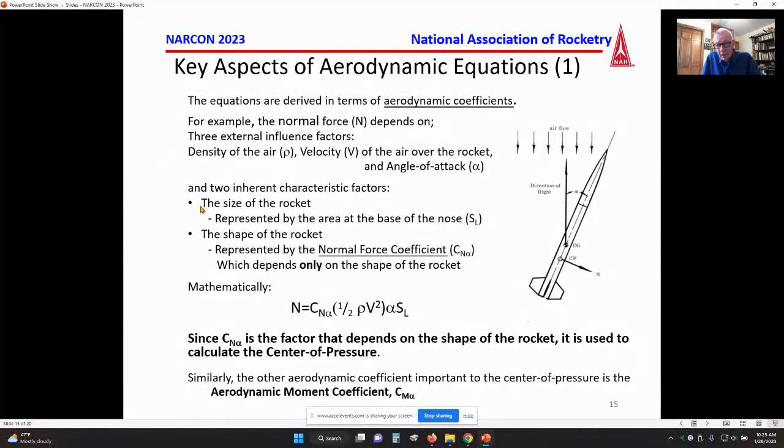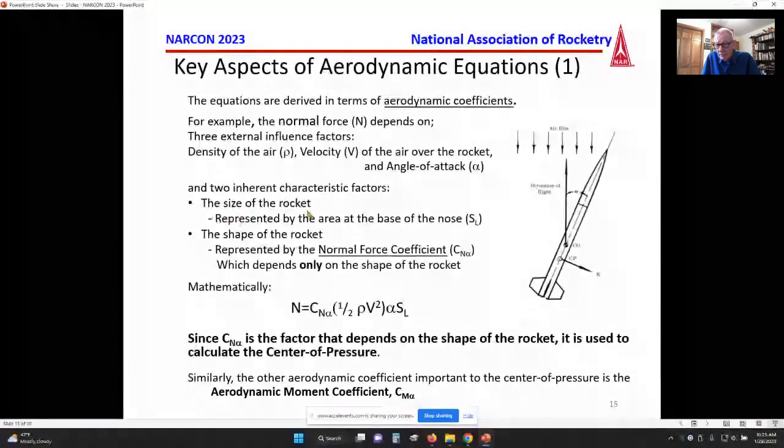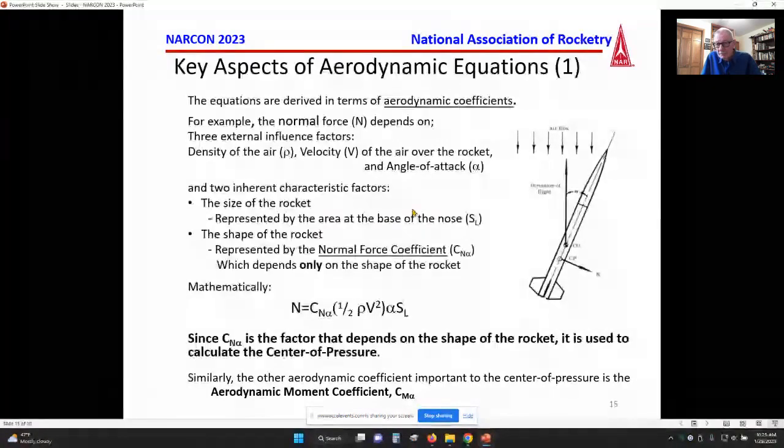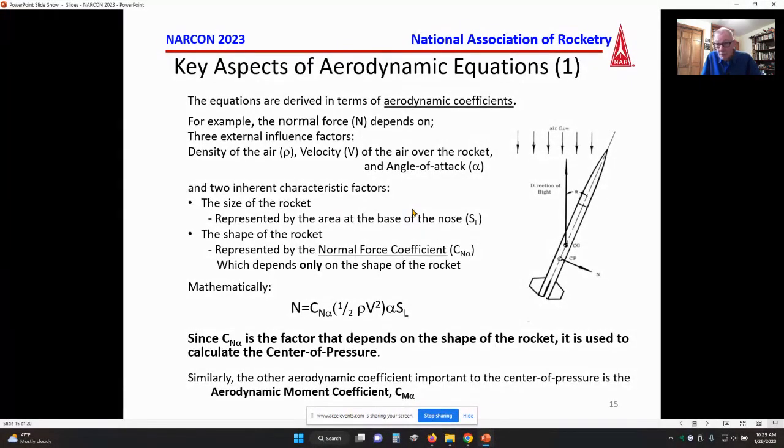But there are two inherent factors that you can control. The size of the rocket, that is how big it is. You've seen large versions of model rockets and small versions of model rockets that look exactly the same, but one's just larger than the other.